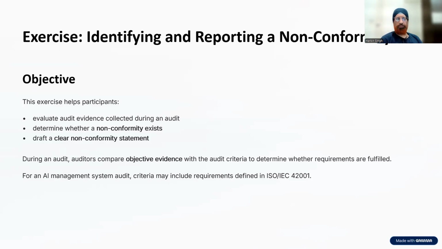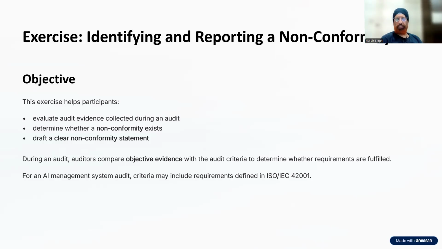So we have to evaluate the evidence that we have collected. Then we have to determine whether there are non-conformities existing within that evidence or not. And if there are non-conformities, we have to draft a clear non-conformity statement.